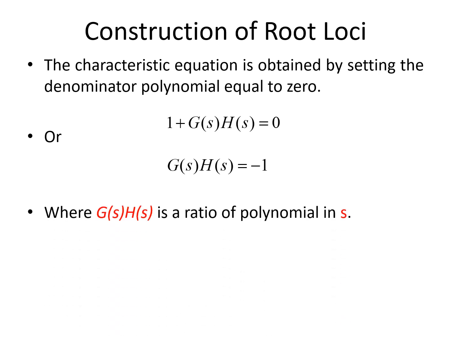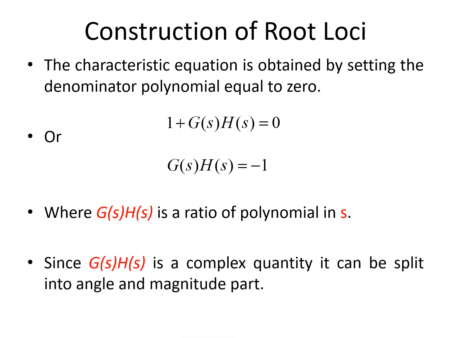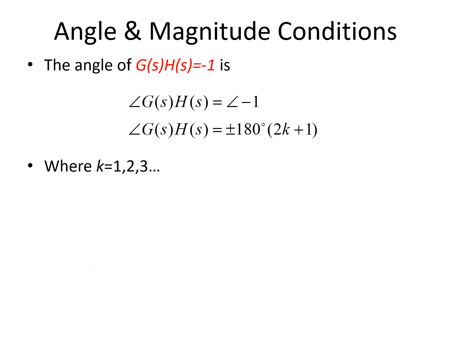Now, here G of s into H of s is the ratio of polynomials in s, and since they are complex quantities, it can be split into angle and magnitude parts. So the angle of G of s into H of s is equal to the angle of minus 1, or the angle of G of s into H of s is taken as plus or minus 180 degrees into 2k plus 1.